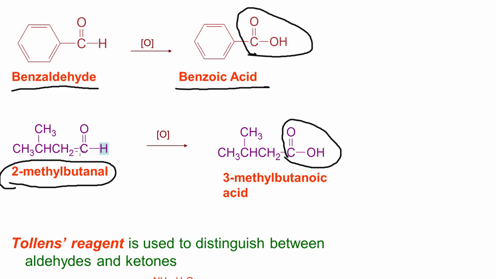Notice the chemical reaction only takes place here at the carbonyl group. The rest of the molecule stays intact. Okay, so 2-methylbutanal can be oxidized to this 3-methylbutanoic acid. Again, the reaction takes place at the carbonyl carbon. The rest of this molecule stays intact.